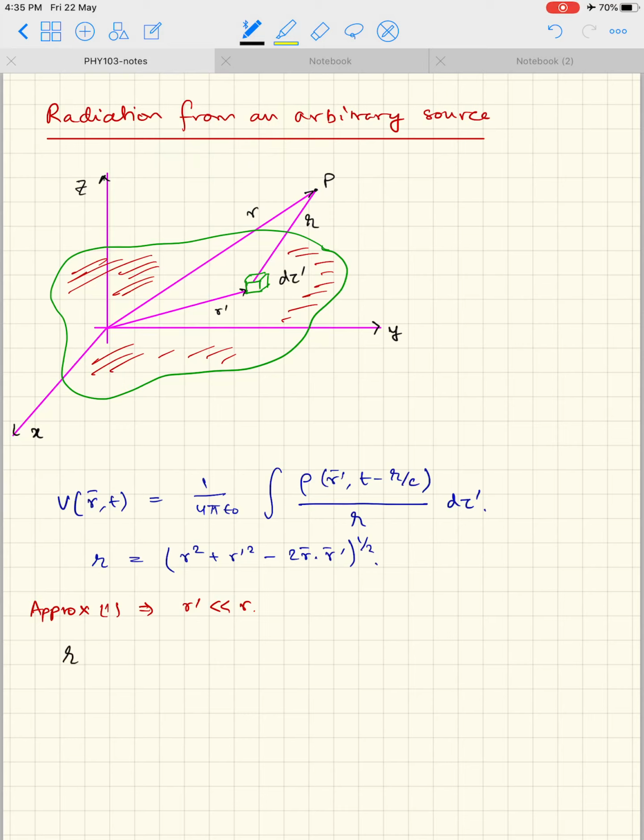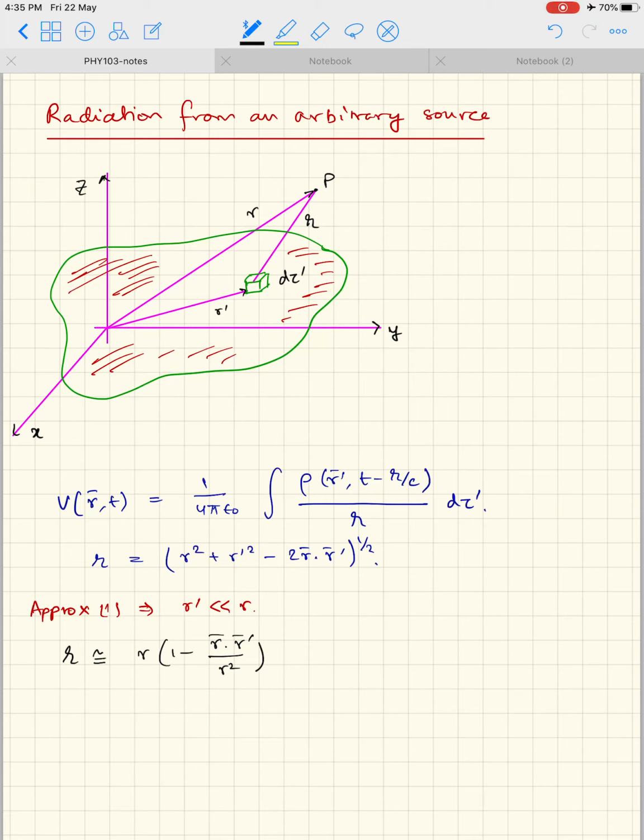So r is approximately equal to, so we're going to drop the r primed squared bit first, r into 1 minus r dot r primed by r squared. Notice that we have also expanded this, so the factor of half goes down because we have expanded 1 minus x to the n and brought down n. n here is equal to half.